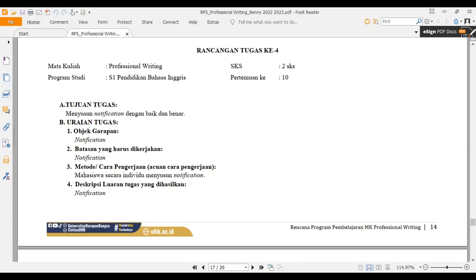But in mid-semester 3, you are assigned to develop your skills, your competencies, your creativity to write professionally.